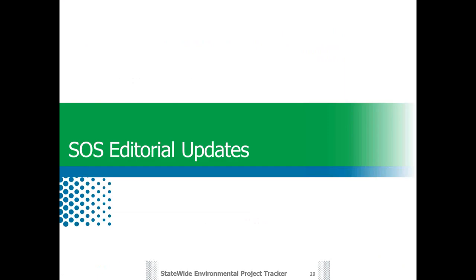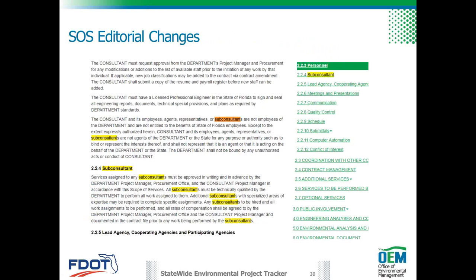Moving on to other updates, we have done some editorial updates to the scope of services tool. These are fairly minor, but I just want to point them out. They were in response to feedback from the districts who wanted to see that we've done those. There were some hyphenation changes.